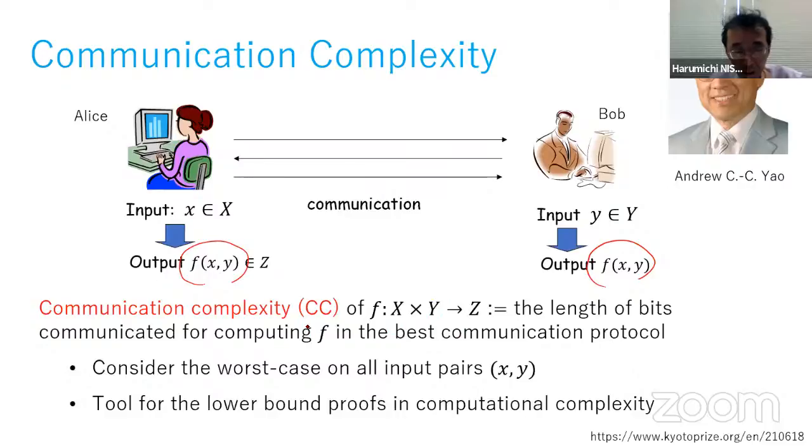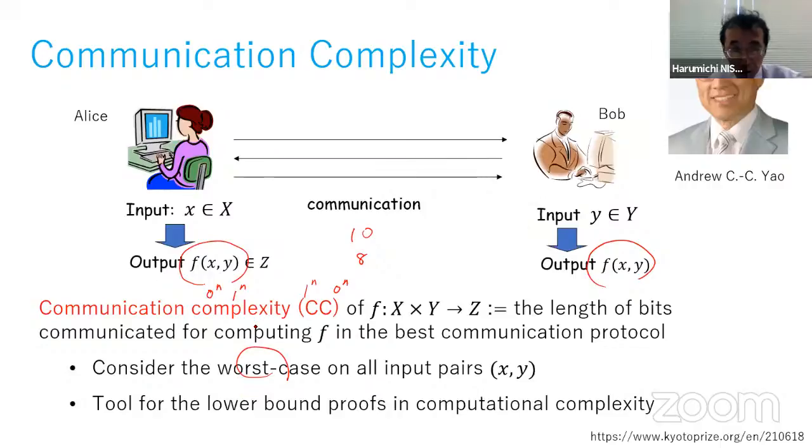Usually in computational complexity, we consider the worst case over all input pairs x,y. So, for example, for all 0 and all 1, this communication is 10, and for 1^n and 0^n, this communication is 8, and so on. The worst case is what we consider, and usually we fix the length of communication bits for all inputs.